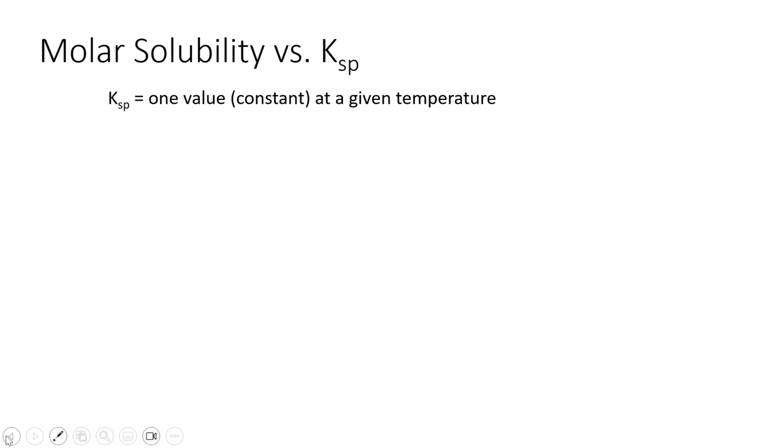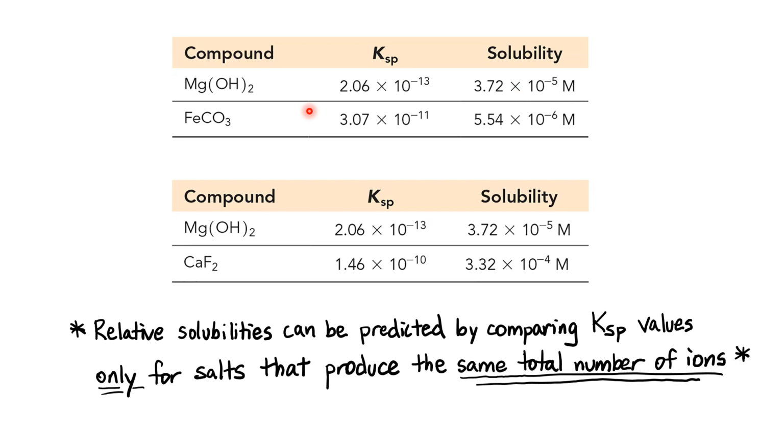Notice in this case, this produces 3, this produces 2 ions. They have their KSPs, but notice the solubilities. This solubility is larger than this, even though the KSP is smaller for magnesium hydroxide.